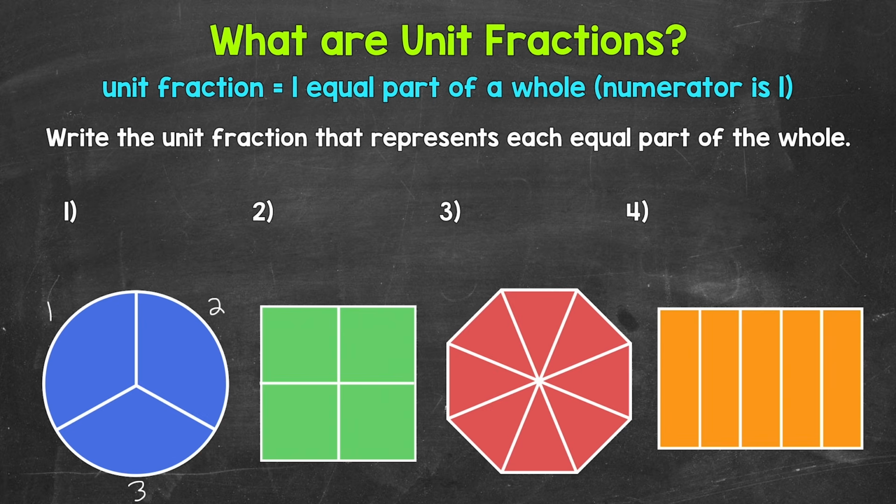So each one of those equal parts is what fraction of the whole? Well, since we have 3 total equal parts, the denominator is going to be 3. And then as far as the numerator, each equal part is 1 out of the 3 total equal parts. So our numerator is 1.